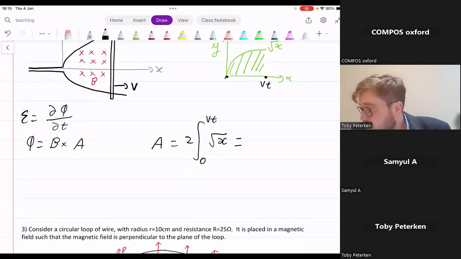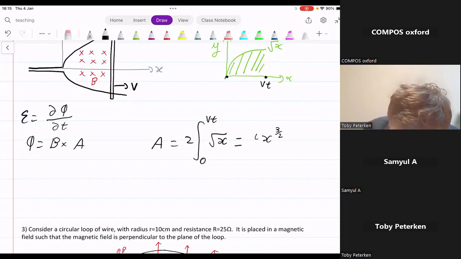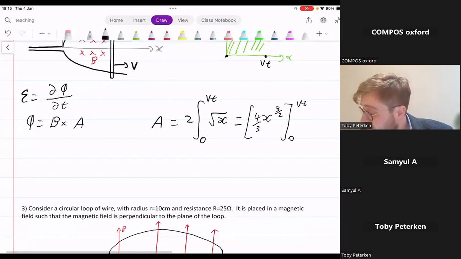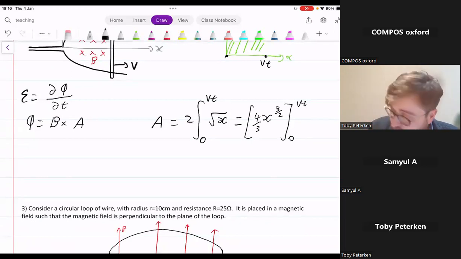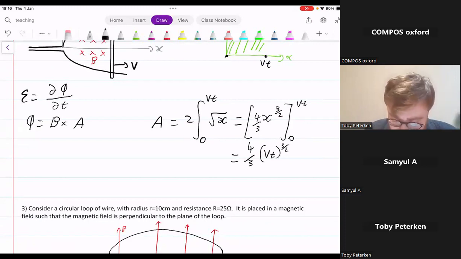So we integrate that, we get x to the 3 over 2 times 4/3, from 0 to vt, which is equal to 4 over 3 (vt) to the 3/2.